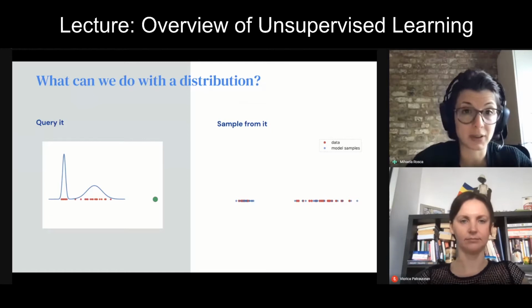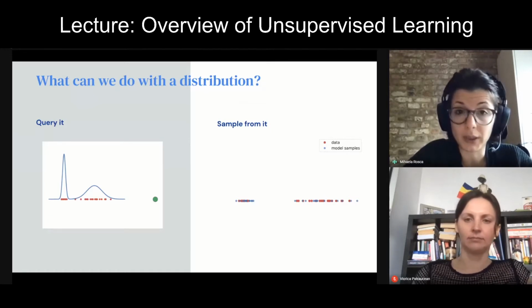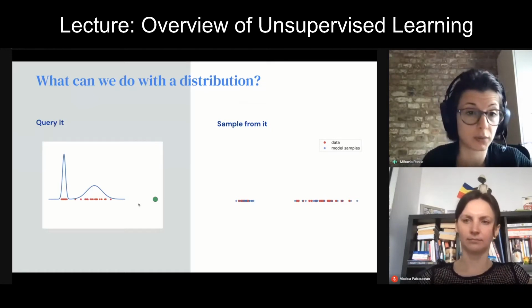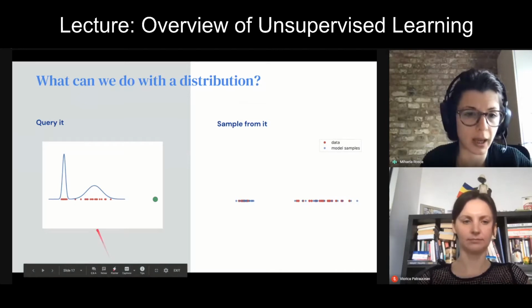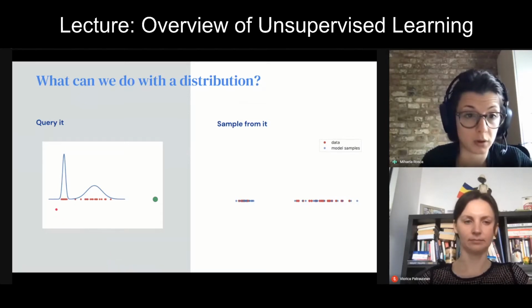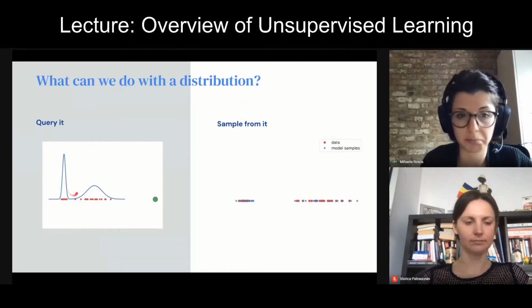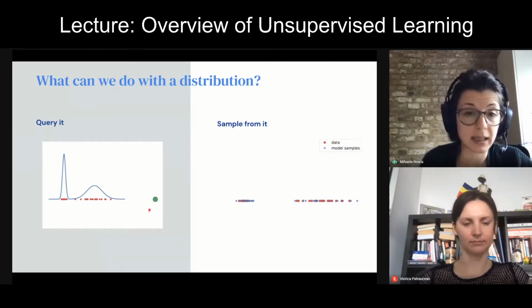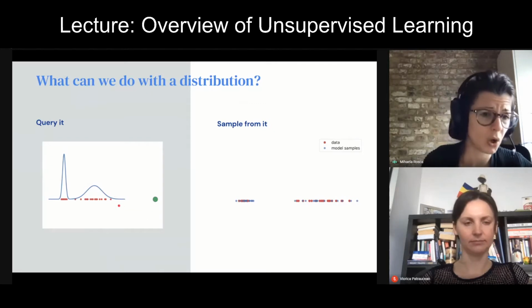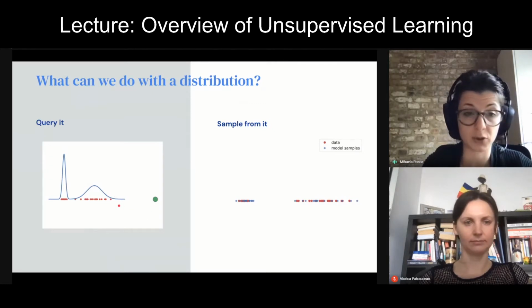Well, once you have a distribution, you can query it. If you have an explicit model of your distribution, so for example, if you have a density estimate of your model, here you see that in the data we have a lot of samples here, we have a lot of samples here, so this is a reasonable model. We can then ask, well, is it likely that this point also comes from the same distribution as the data?